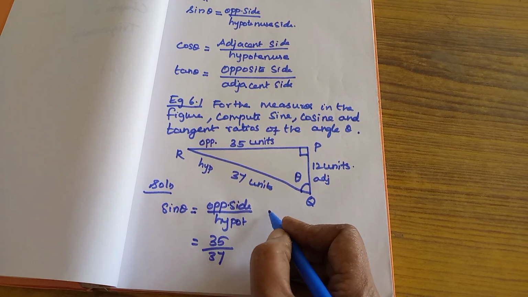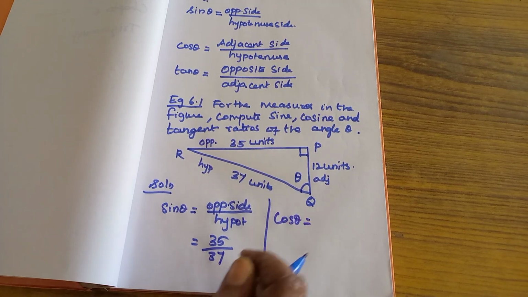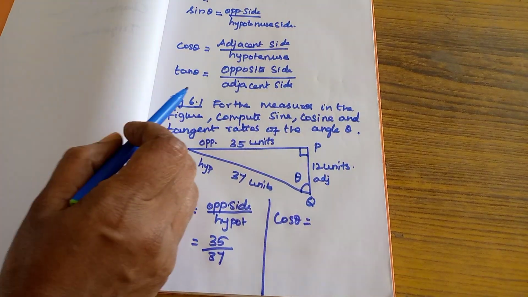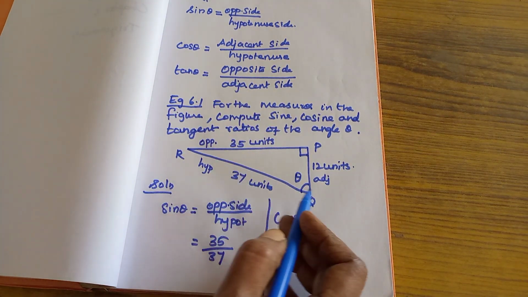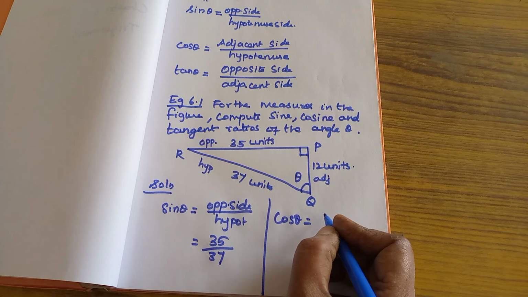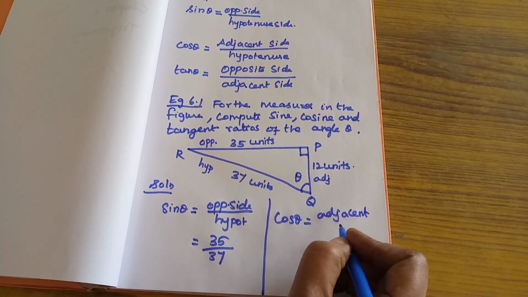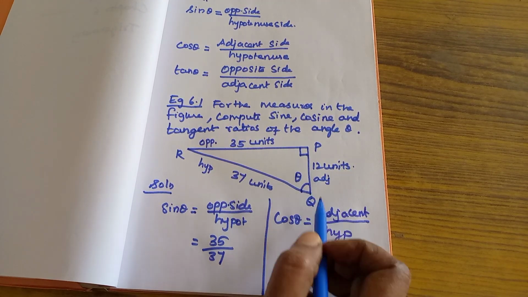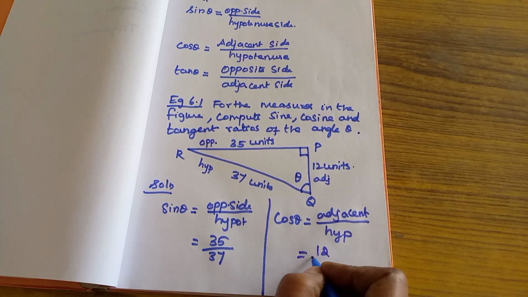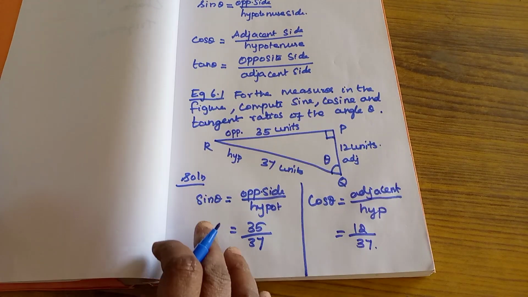Then let us find out cos theta. What is the cos theta formula? Cos theta is equal to adjacent side by hypotenuse side. What is the adjacent side here? Adjacent side is 12, so 12 divided by the hypotenuse side, 37. Next, tan theta.